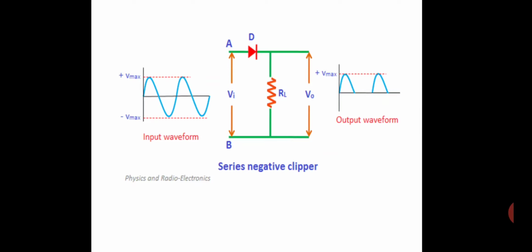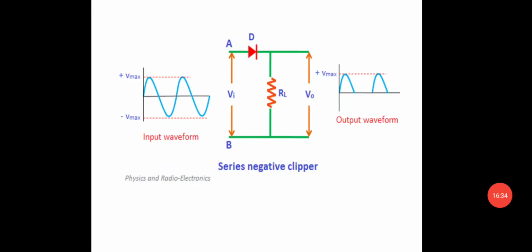When the diode is open, the negative portion of the input supply does not go to RL, and no current flows through RL, and V0 is 0. Output voltage is equal to 0 because input is not received at RL. So in negative cycle the output is 0, again in positive cycle the output equals Vmax.